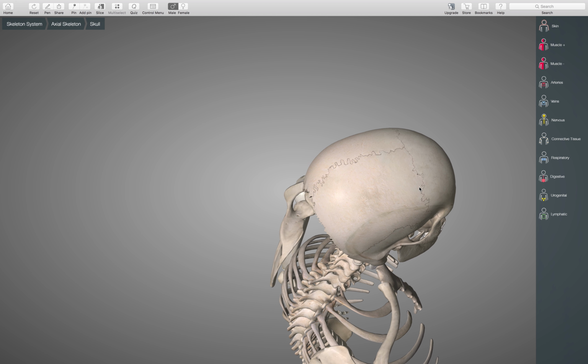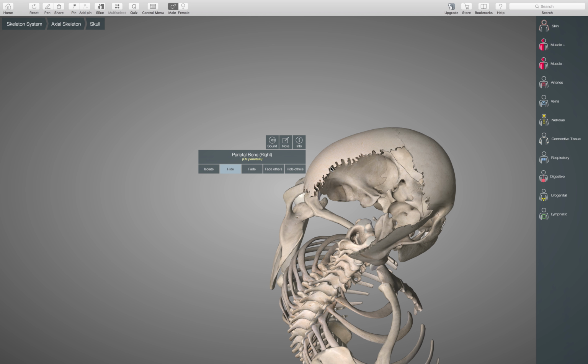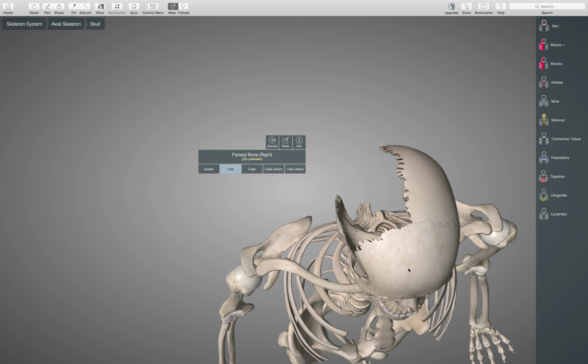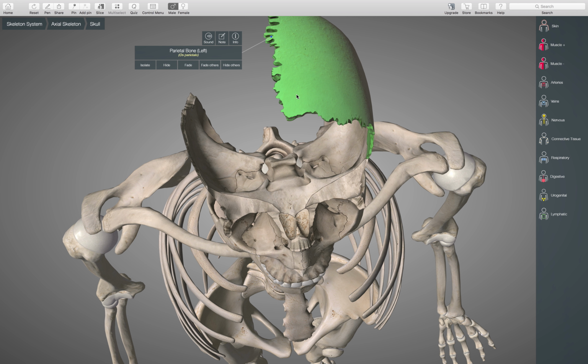But in the inner skull, we have to remove this part. We are able to see the complexity of the skull. The skull is actually a very complex bone system.